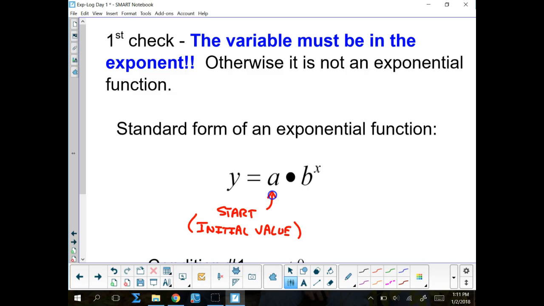It's what you start with. When you've gone 0 months, or right when you start, it's your initial investment. It's what you start with. Okay?